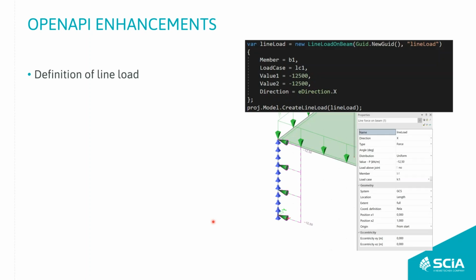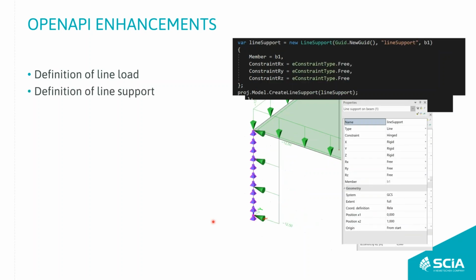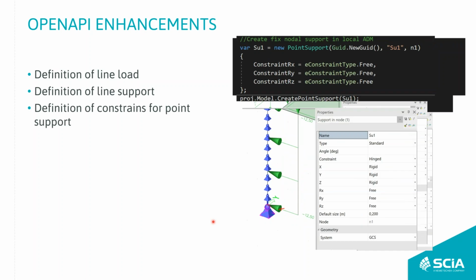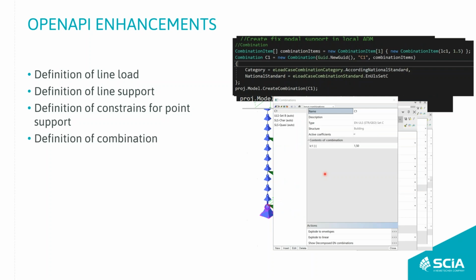What's new is that currently you are very easily able to define the line load, define the line support, define the type of the constraints for the nodal support, that for example in X direction or Y direction it's rigid, the rotations are free, etc. That's possible.